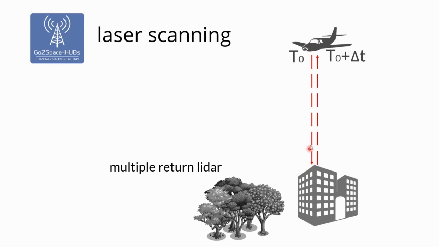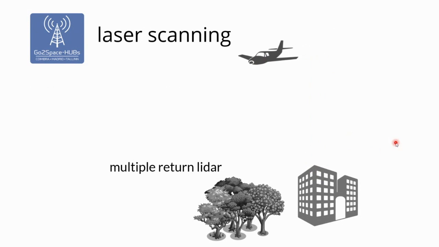We measure the time between emission and receiving this signal, and this way, knowing very accurately the position of the scanner, of the satellite or the airplane, in the moment of emission of the signal, we can very accurately calculate the altitude of the object. So that's basically that. That's a completely different type of information, of course, than before.